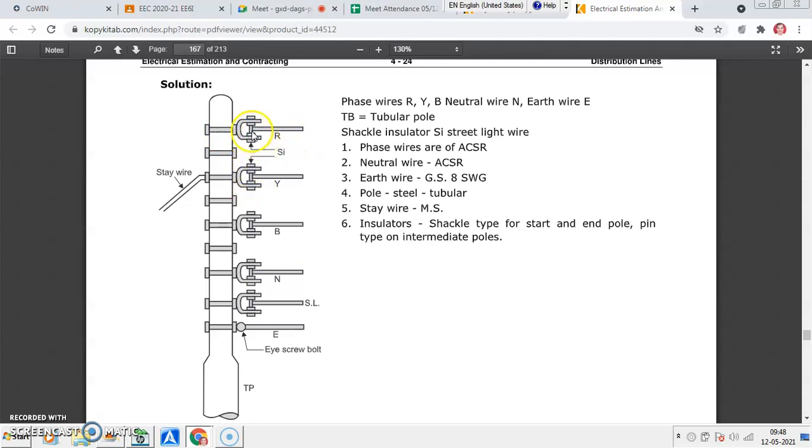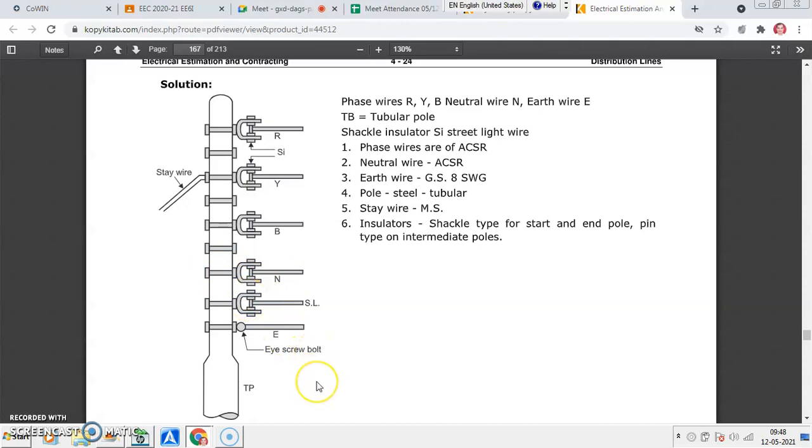Every pole has 3 phases, so R, Y, B, 3 shackle insulators with clamp arrangement and conductor. Then you may have the neutral wire with its shackle insulator.